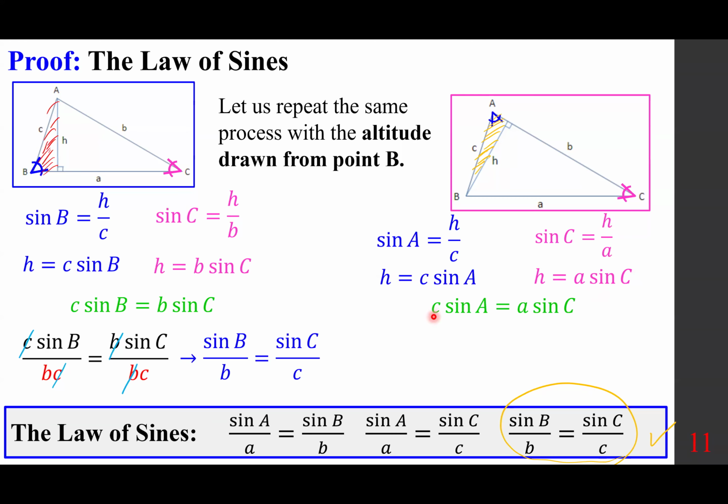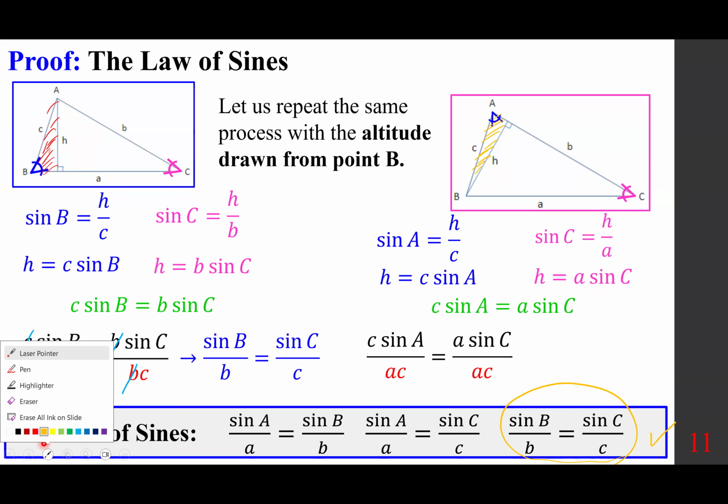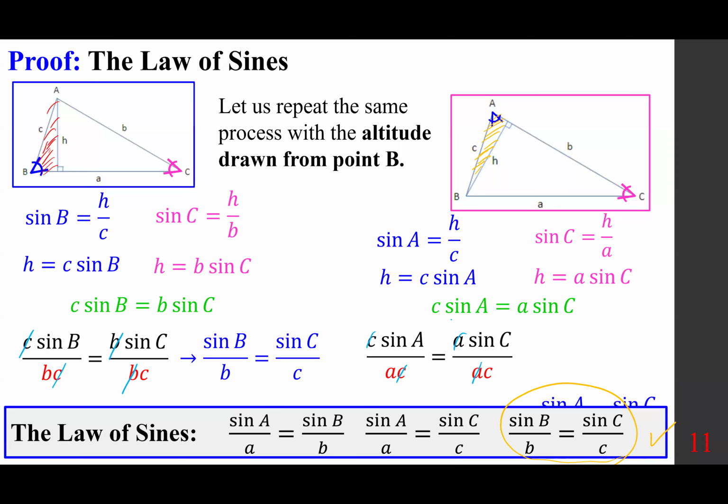Now, because this is lowercase c and this is lowercase a, let's divide both sides by ac. In this case, c drops, we get sine A over a. In this case, a will drop, we get sine C over c.